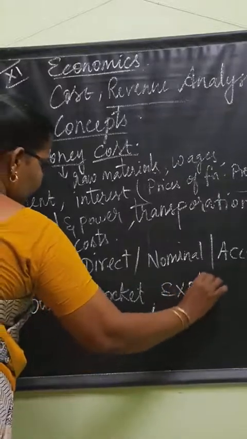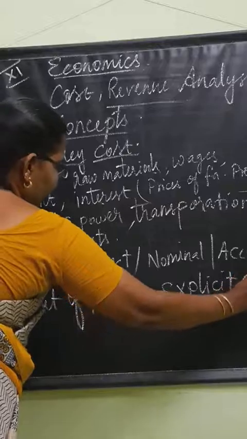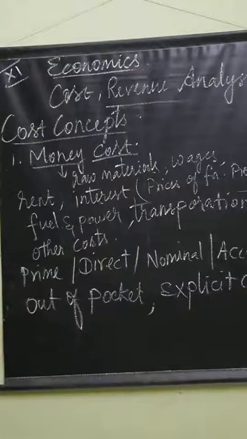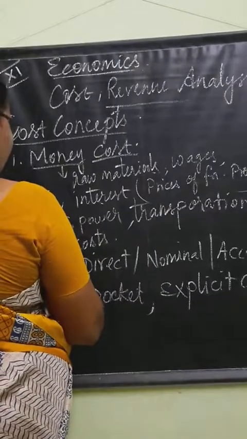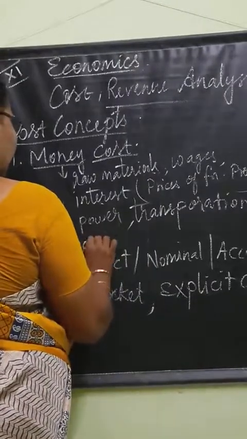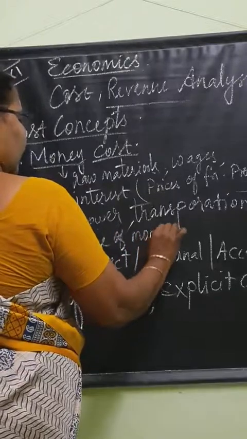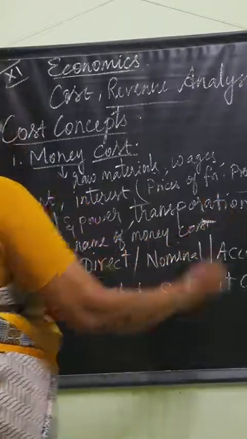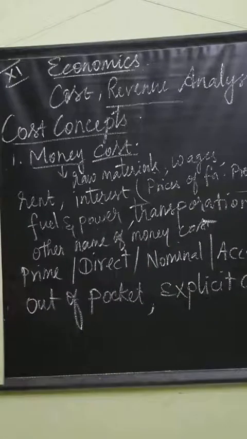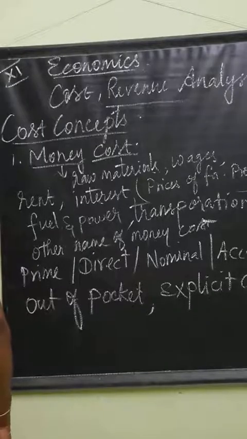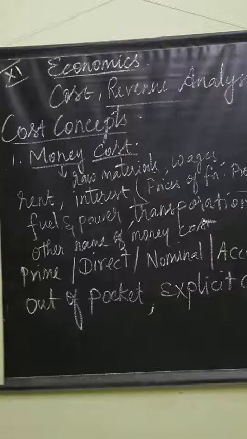Implicit, explicit you will study, I will give you. We will say it is the cost of outlay. So the other names of money cost are prime cost, direct cost, nominal cost, accounting cost, cost out of pocket, explicit cost, and so on, suiting to context. These are the other names of money cost.